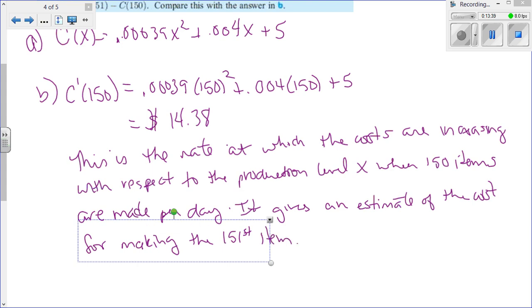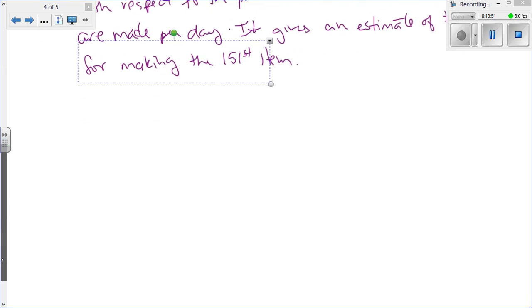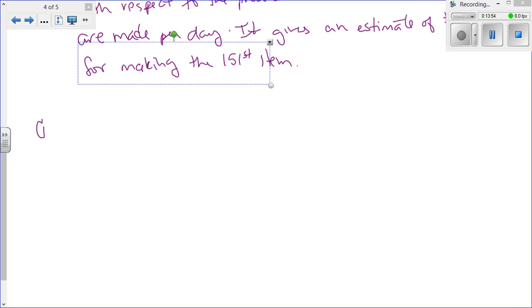So what this is saying is if we make the 150 items, to make the 151st item, it would cost us $14.38 to make that next item. And then for C, it asks us to find C(151) minus C(150).